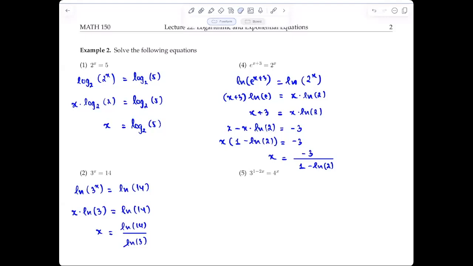So you solve and you get the solution x equals this number.